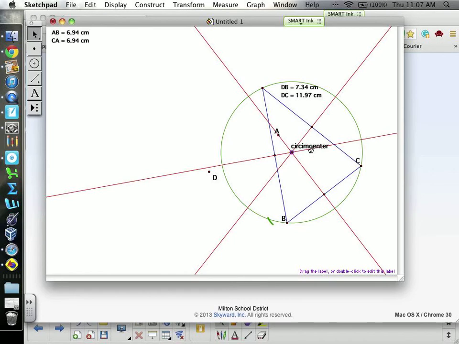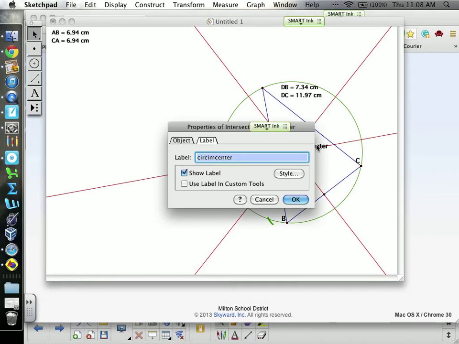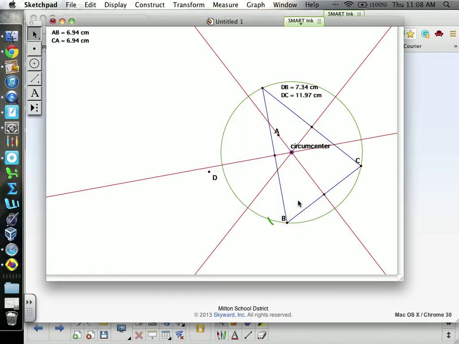C-I-R-C-U-M, sorry, typo. That's called the circumcenter of the triangle. That's what it's called. So where the 3 perpendicular bisectors intersect is called the circumcenter.